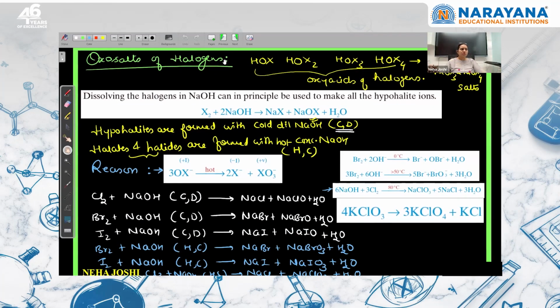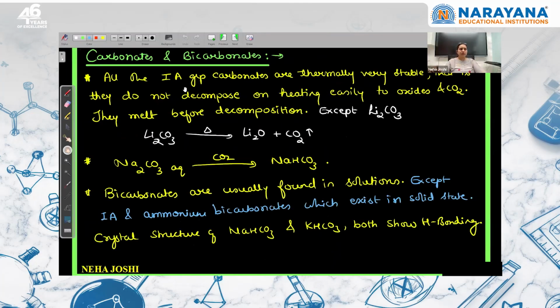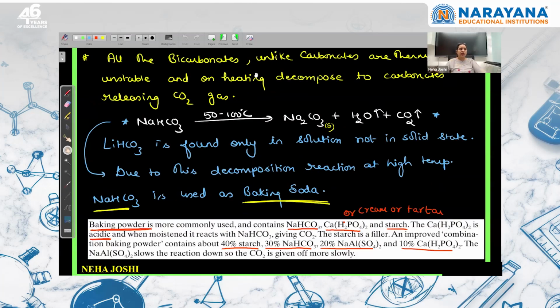Oxosalts of halogens, to some extent, I'll say yes, important, particularly carbonate and bicarbonate. Except for lithium carbonate, all are stable to heat. Okay? Let us leave lithium carbonate, which decomposes on heating, forming Li2O. We have already discussed this heating effect in our salt analysis discussion. Okay?